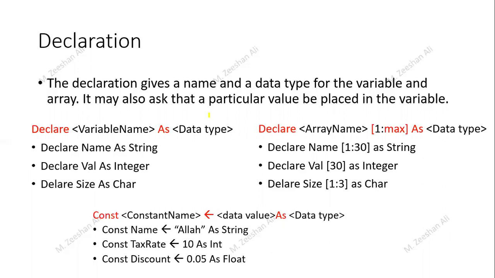So the declaration gives a name and the data type for a variable, an array, and of course constants as well. Sorry, I didn't write constant here. It may also ask that a particular value be placed in a variable or at different positions of an array.